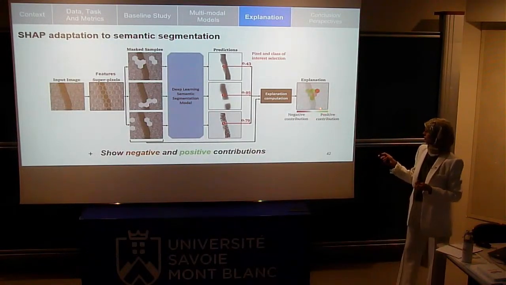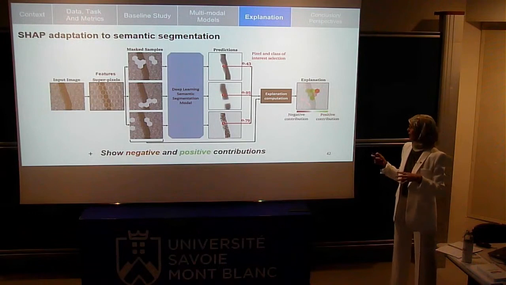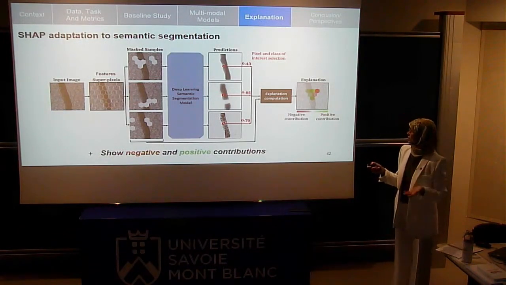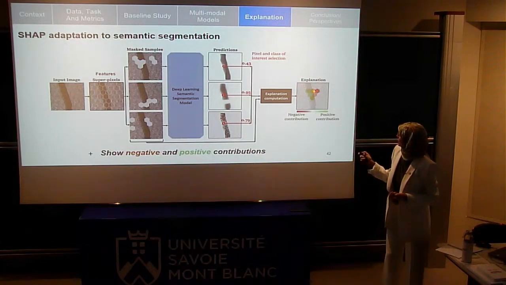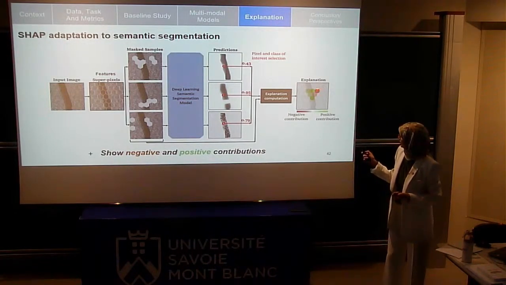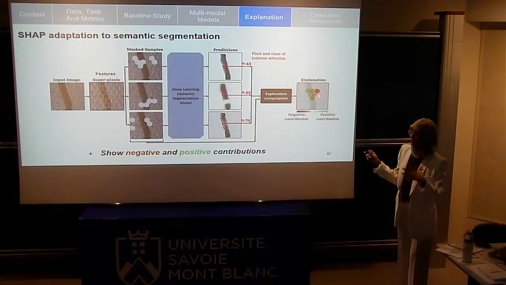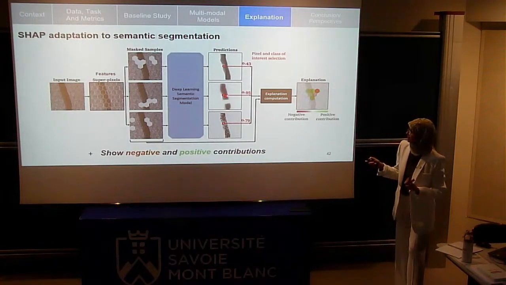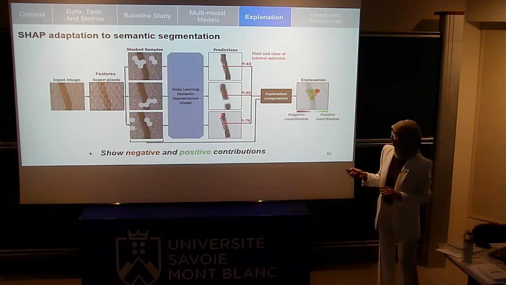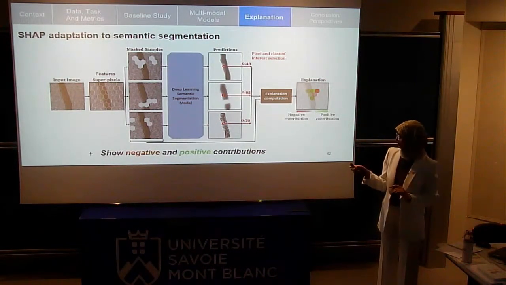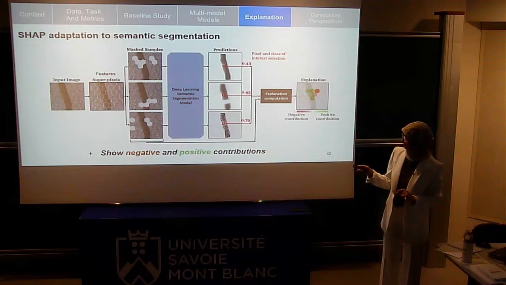And the green areas are giving an excitement to the decision. For example, if we want to analyze this pixel, we can see that the clean sea area is contributing negatively to the decision of this pixel as a slick. So overall, this technique gives us both contributions, the positive and the negative.